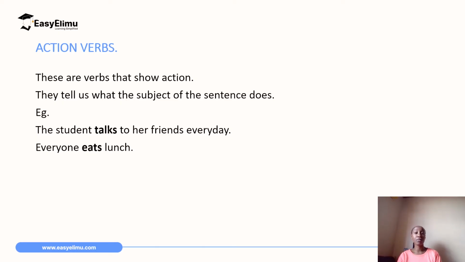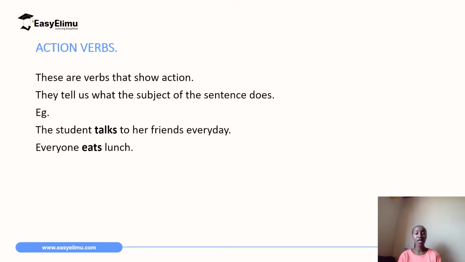For example, the student talks to her friends every day. In that sentence, the student is the subject. Talks is the verb. So the subject performs the action.